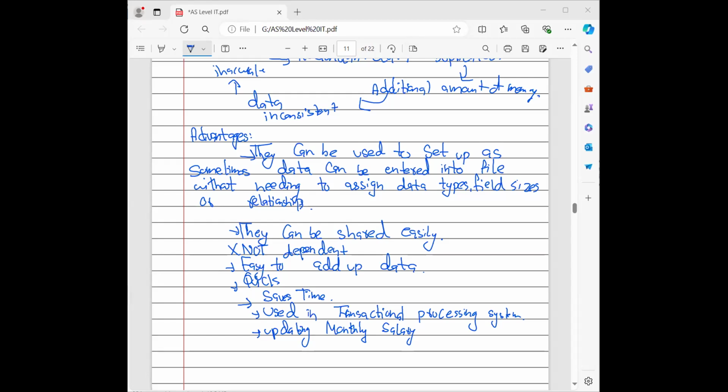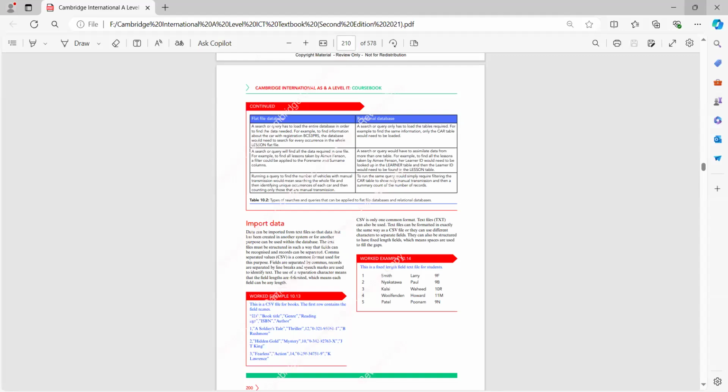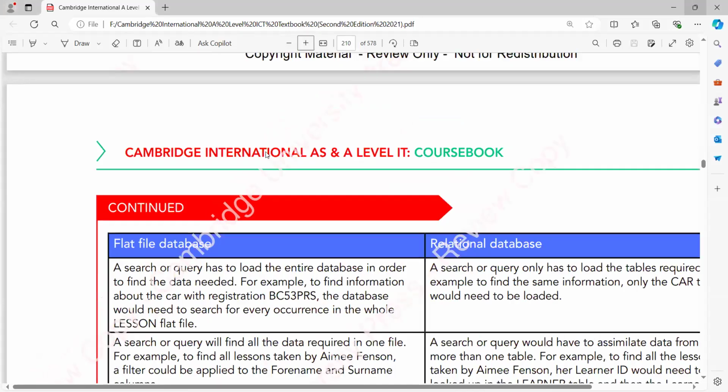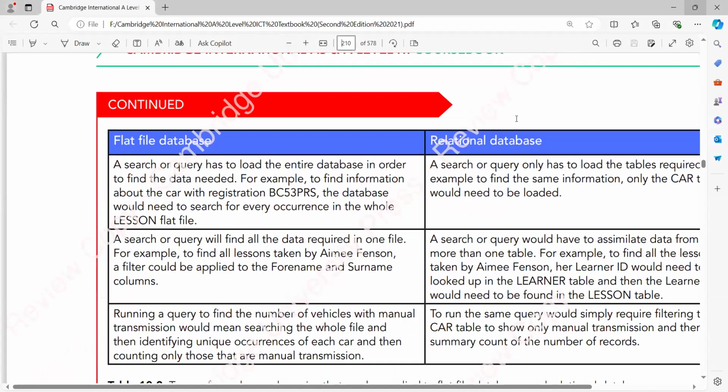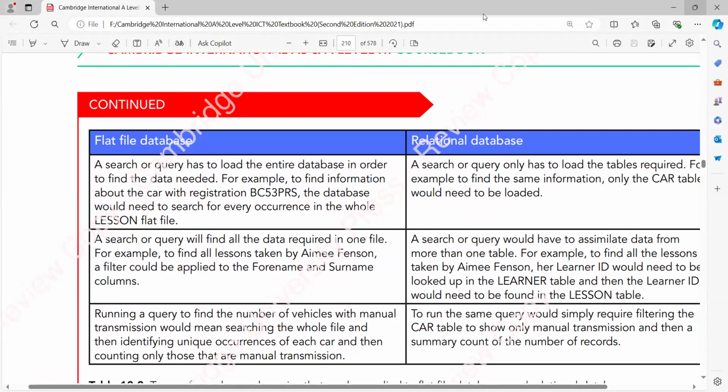For example, in a flat file database, a search or query has to load the entire database in order to find the data needed, because that search query is going to look through your whole data. It's like if you are finding a registration number or a code, and that code has to be found through all of your data. A search or query will find all the data required in one file.